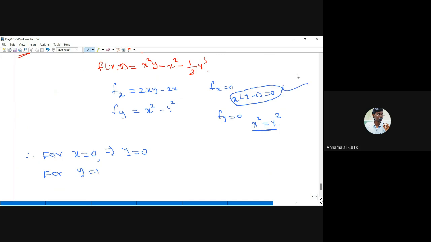If x equal to 0, then since x square equal to y square, y square should be 0, therefore y is 0. If y equal to 1, substituting into x square equal to y square, x square equal to 1, therefore x should be plus or minus 1.